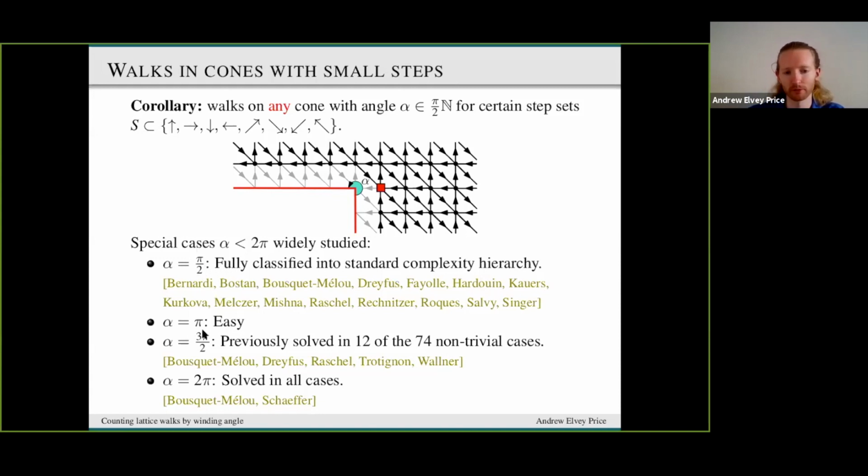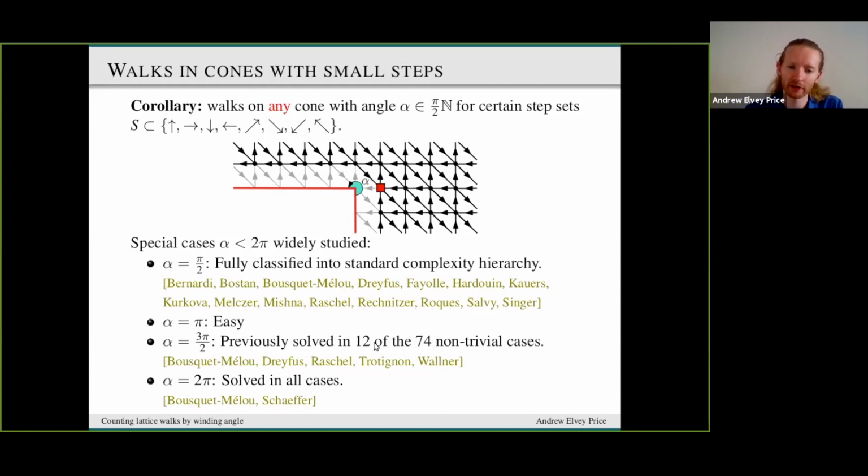For alpha equals pi, the questions are fairly easy because we're just counting walks in the half plane, and there's really only one variable you need to care about, which is the height. For alpha equals 2 pi, the problems have all been solved as well. And so the current area of research is alpha equals 3 pi on 2, the current main difficulty.